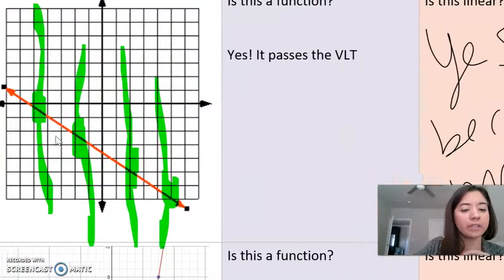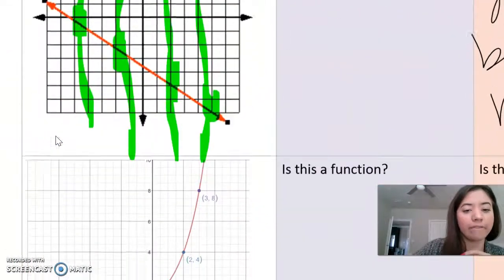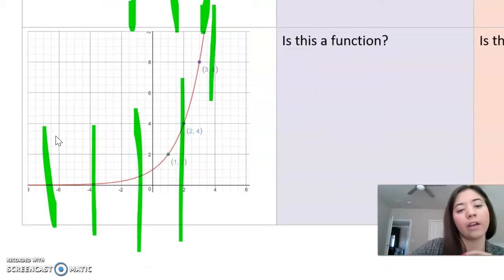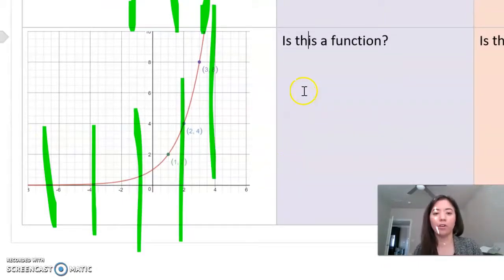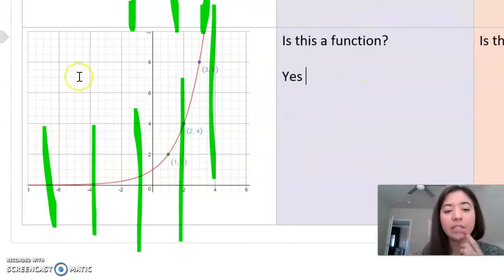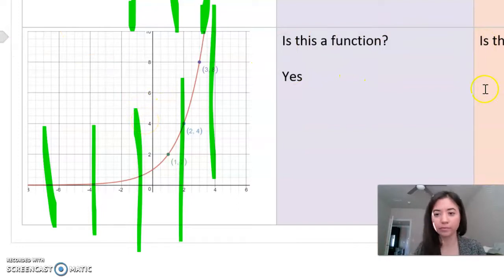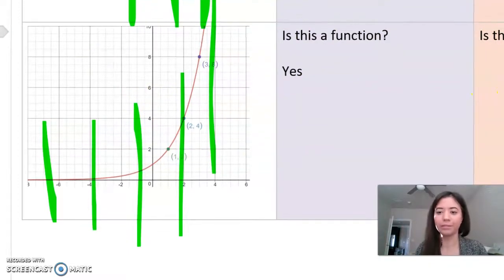All right, same thing. Is this a function? Again, I can draw a vertical line at any point here, and it only ever crosses my graph once. So yes, this one is still a function. Is this one linear? Does this one make a straight line? Hopefully you can see that.